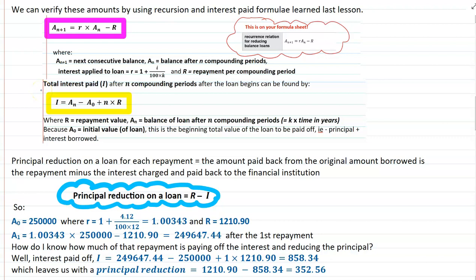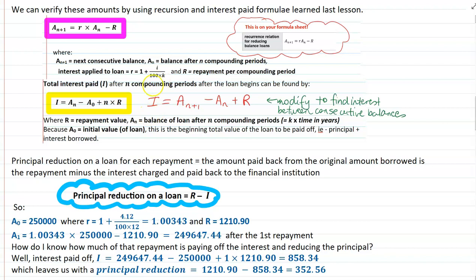We also looked at how to calculate the total interest paid after a certain number of compounding periods n after the loan began. And to do this, we took the balance of the loan after a particular number of compounding periods, we minus the principal, and we added on the total amount of repayments that have been made. For the purposes of calculating interest for each of the loan repayment periods, we're going to slightly modify this formula.